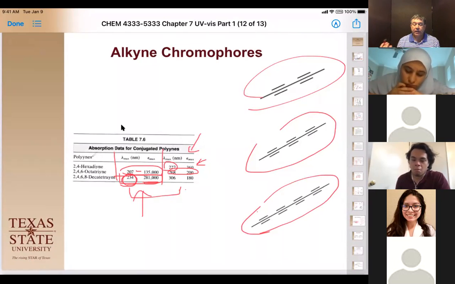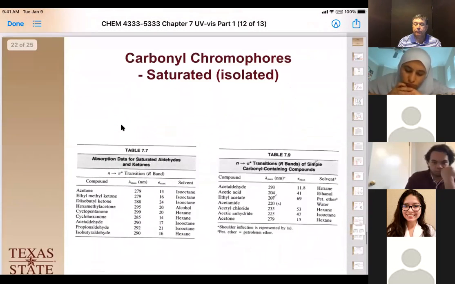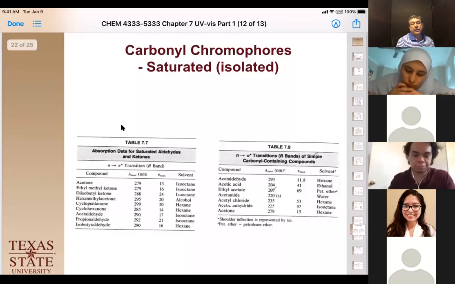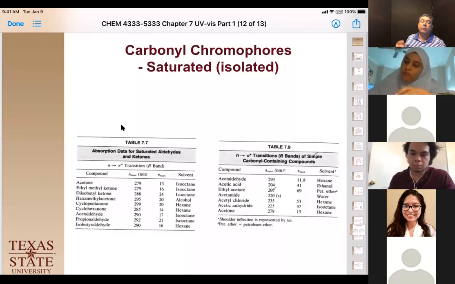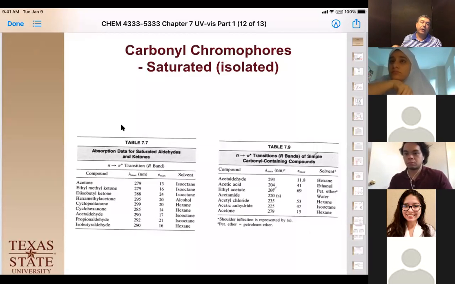Okay, so we've done it with alkenes. We've done it with alkynes. So let's look at carbonyls as chromophores. If they're isolated, you only have that non-bonding to pi transition, because the non-bonding to sigma is too high and the sigma to sigma is too high.